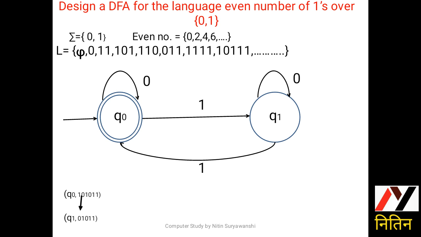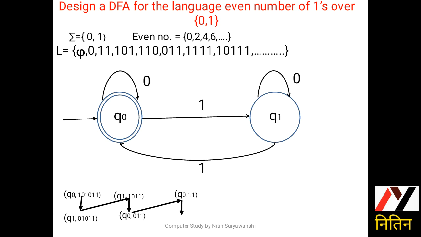Then Q1 takes input 0, and the next state will be Q1, because there is no change in the state when Q1 has input 0. Then when Q1 takes input 1, the state changes to Q0. Then Q0 with input 0, the next state will again be Q0, because there is no change in the state for input 0.